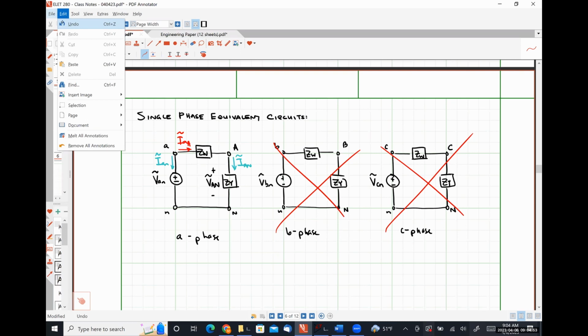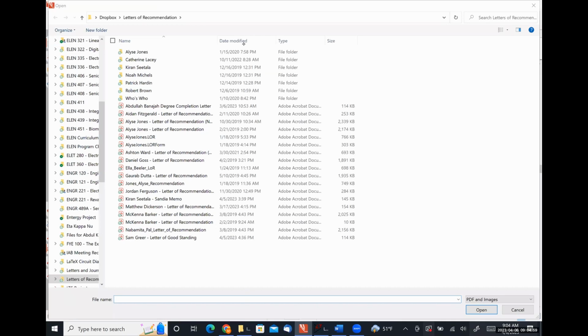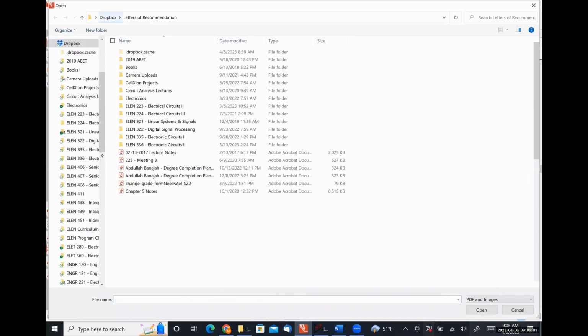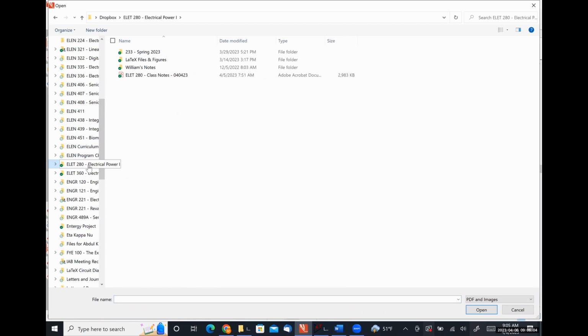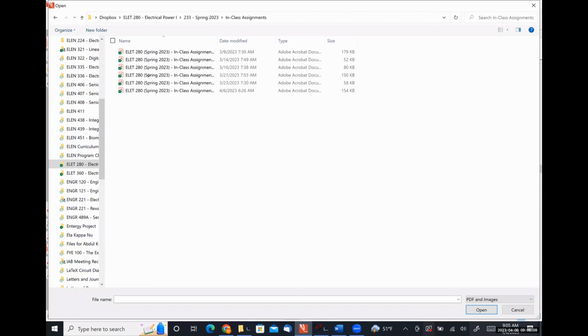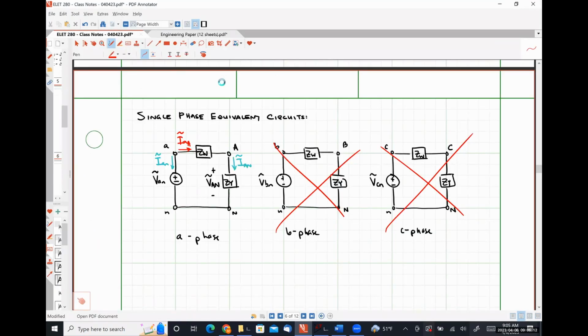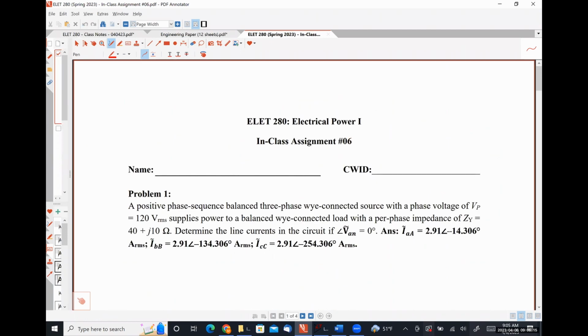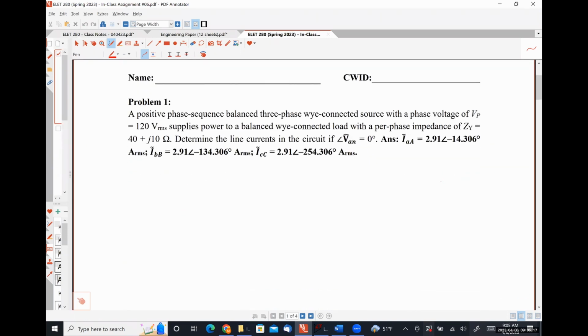So I'm going to open up the in-class assignment here on my tablet. Here we go. So we're once again back in the world of word problems, which I understand that you guys hate, but we're going to be using the same equivalent circuit for literally everything. So I don't feel the need to draw it over and over again.